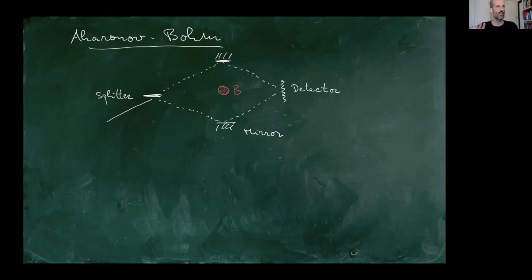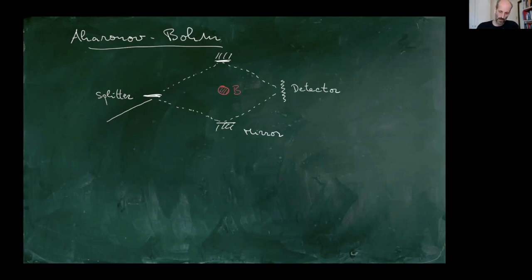So in all situations, it's always only in regions of space where the magnetic field is 0. It never goes into any region where the magnetic field is non-zero. And so you would think that it would just not feel the magnetic field at all.